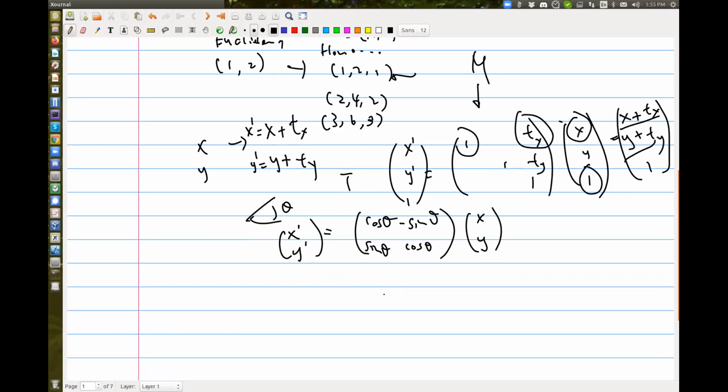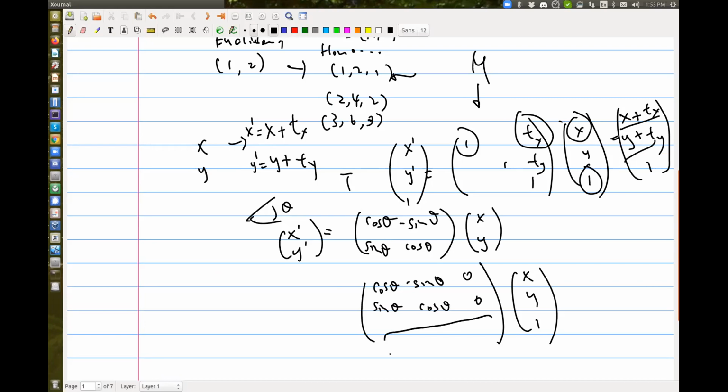Then if I use the homogeneous coordinate, my transform would instead be cosine theta, minus sine theta, and sine theta, cosine theta. Maybe I should let you fill in. I would just say this is zero. What's the last row here?